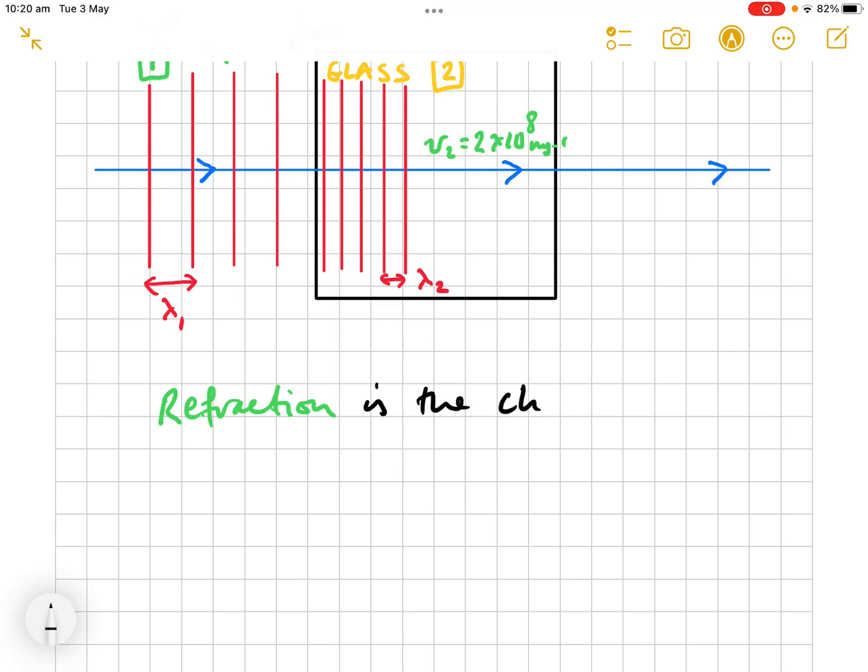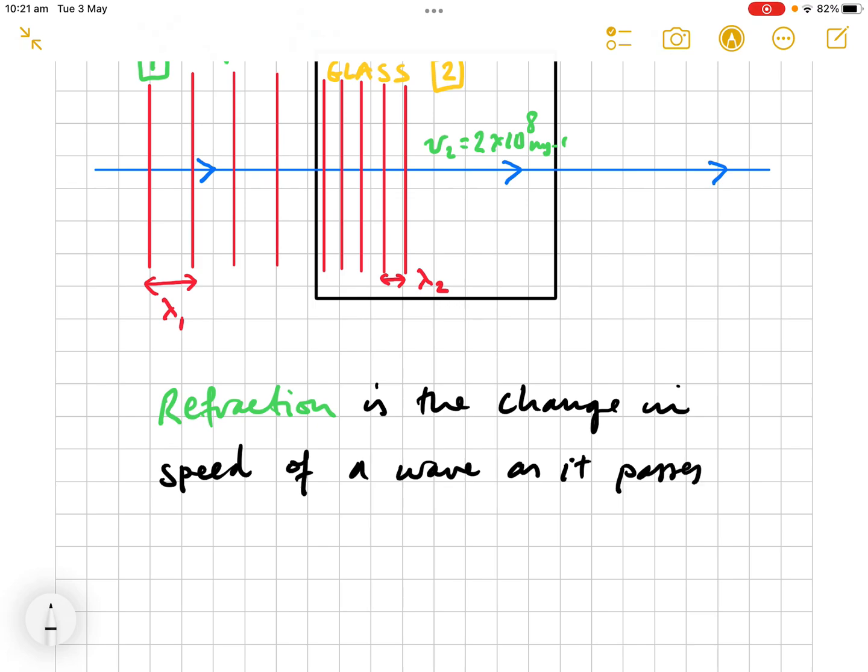So refraction then is defined as the change in speed of a wave as it passes from one medium into another.